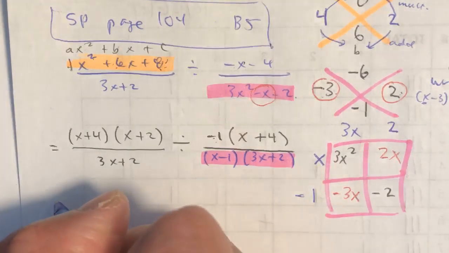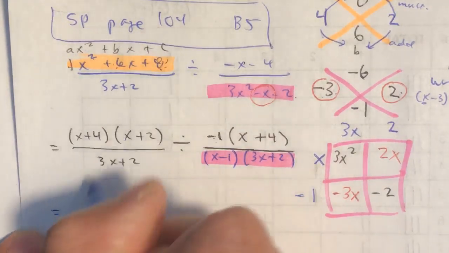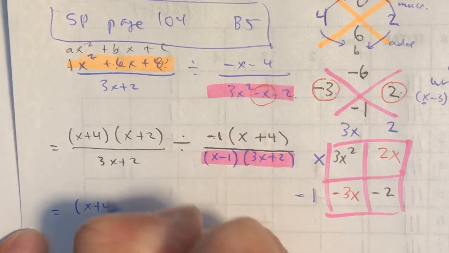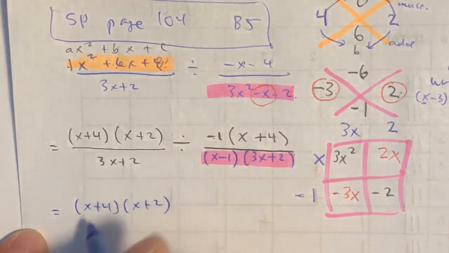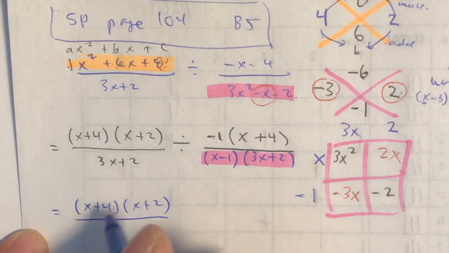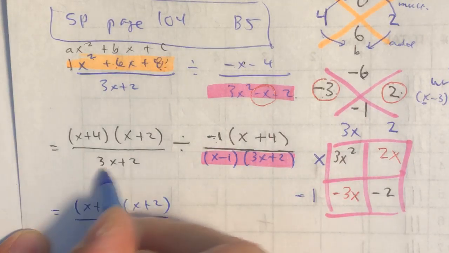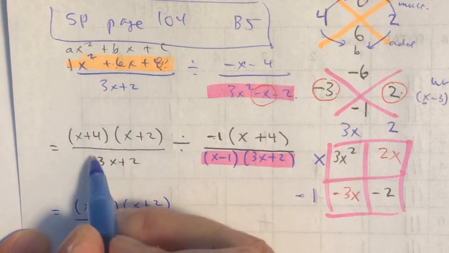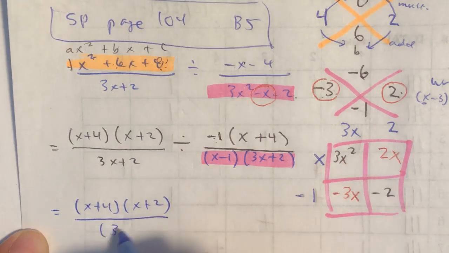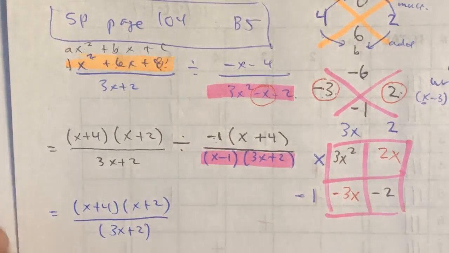All right, let's go ahead now and copy the first, x plus 4, x plus 2. And the bottom one is 3x plus 2. Now, again, at any time, you can always write parentheses around all of what's in the numerator and denominator.